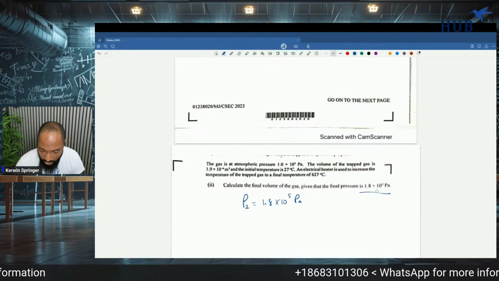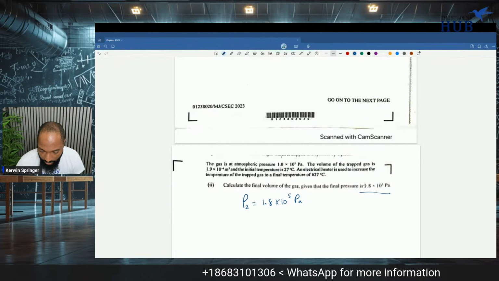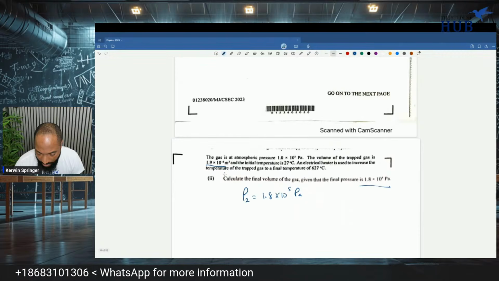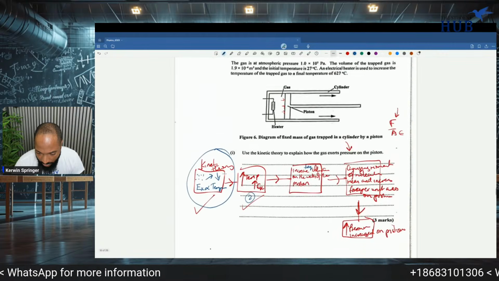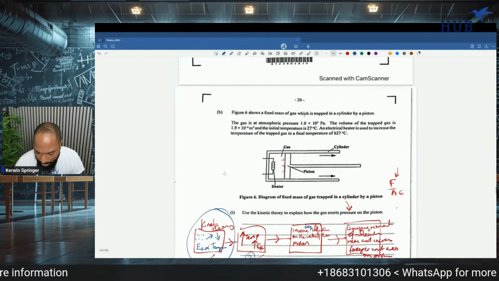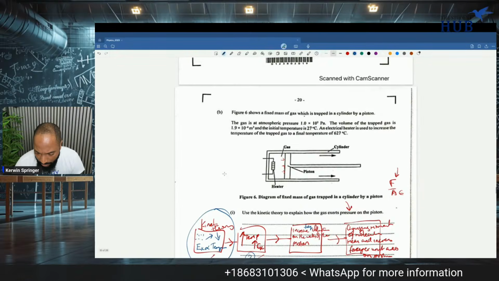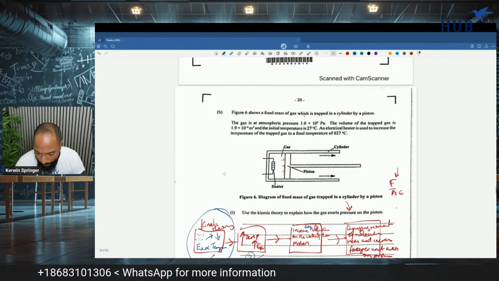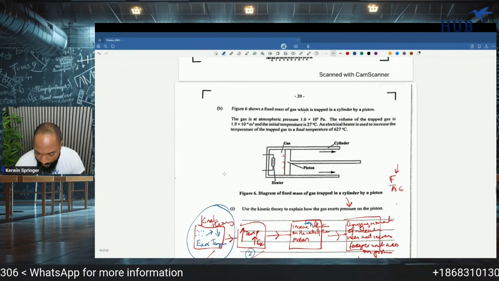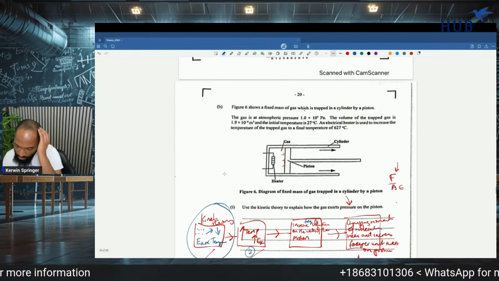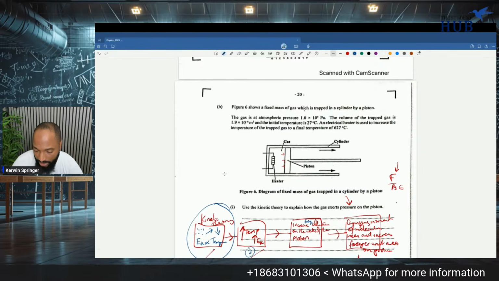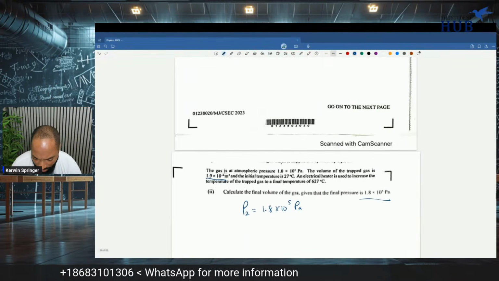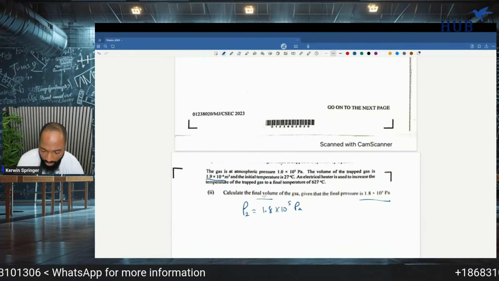Pressure changed. This is the volume, 1.9. Is the volume remaining the same? Usually one of them is kept constant, but what's the thing we need to find? The final volume. So yes, the volume is apparently changing.